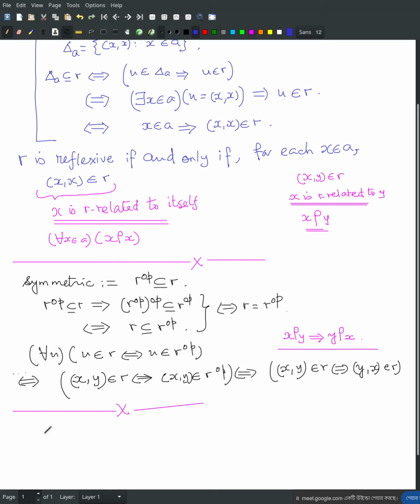So let's take any set A. Immediately we have the empty set, which is a subset of A cross A, and A cross A also is a subset of A cross A. Both are relations. Empty set is a relation and A cross A is a relation. Which one is reflexive, which one is symmetric? Can you say now?